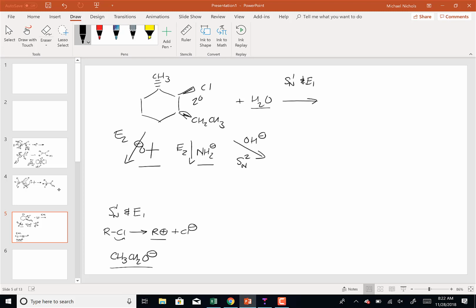If it's rebuffed, meaning the halide is tertiary, it would try an SN2, but tertiaries don't do SN2, so then it would go back and deprotonate. But we're going to ignore those and just say our E2 mechanisms are always these guys. The books introduce that complexity, which I'm going to hold off on until next semester, and then we'll go into the gray area of that.